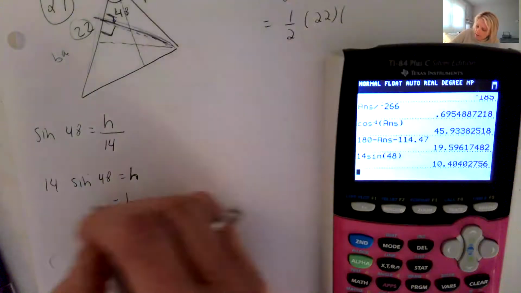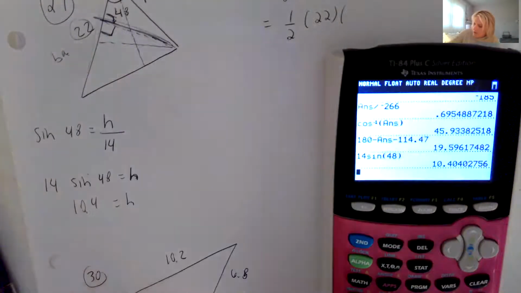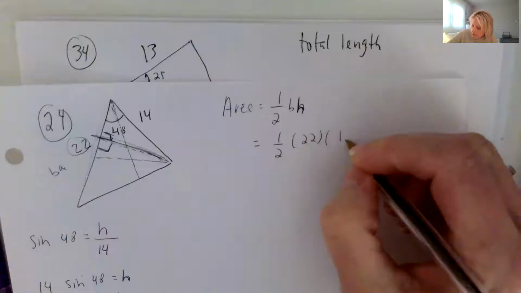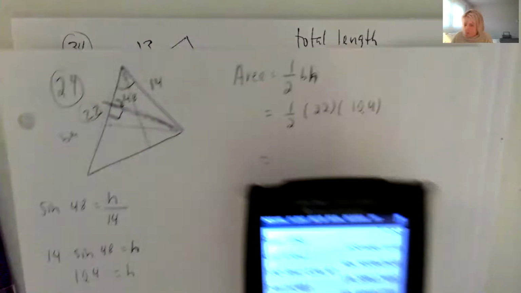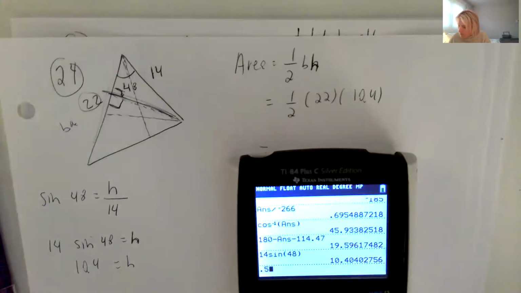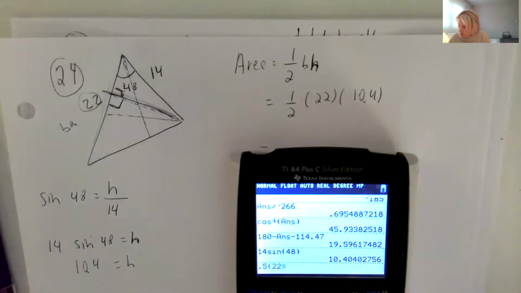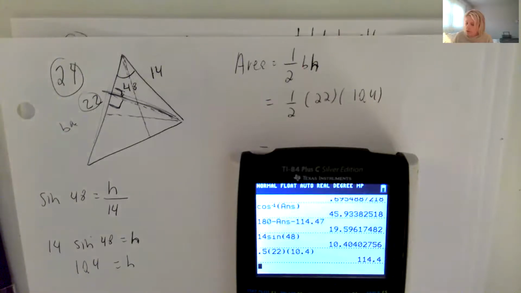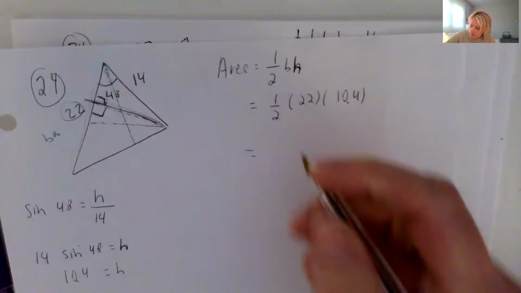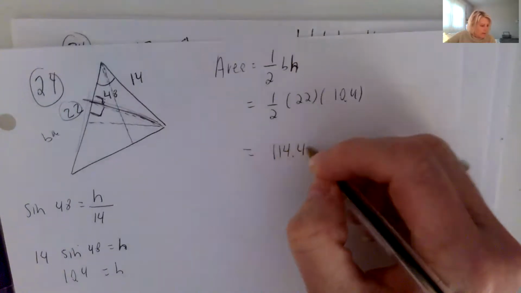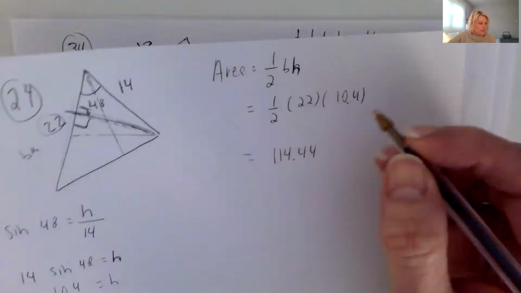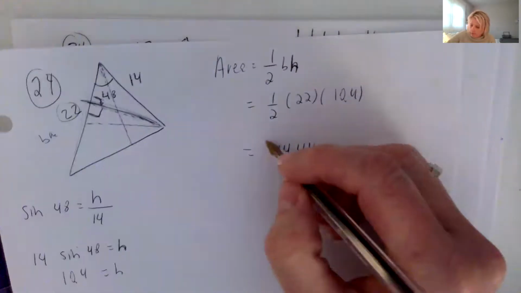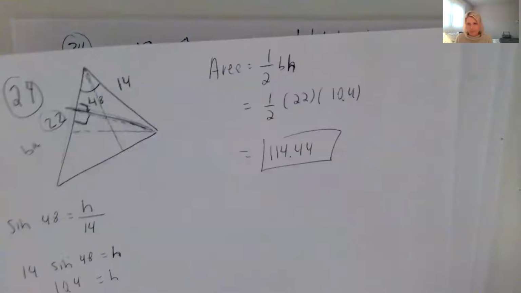The height is 10.4. So if we multiply 0.5 for 1/2 times 22 times 10.4, we get an area of 114.4. Number 24 didn't even tell us the feet, the units, or anything like that.